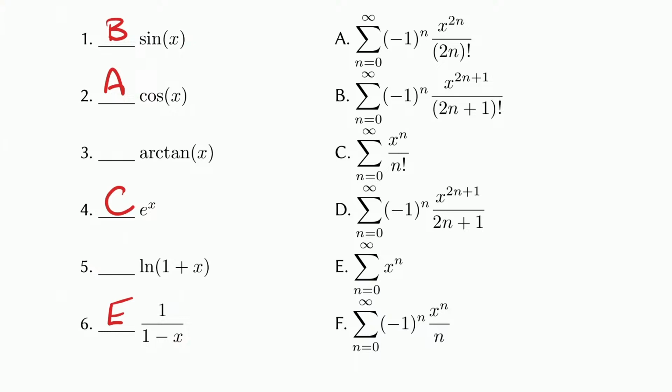If I plug -1 into this, I get undefined because you end up with the harmonic series. You can check. Whereas if you plug -1 into here, what do you get? That's a weird one. Well, anyway, that one's arctangent. How's that? Okay, so D is arctangent and F is the natural log.